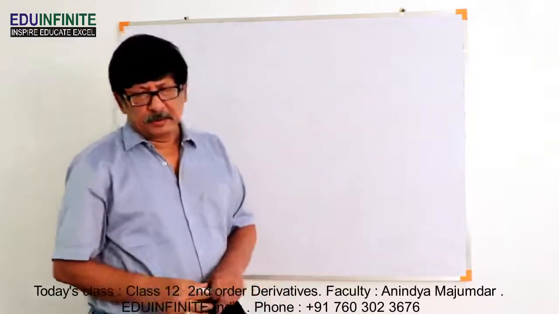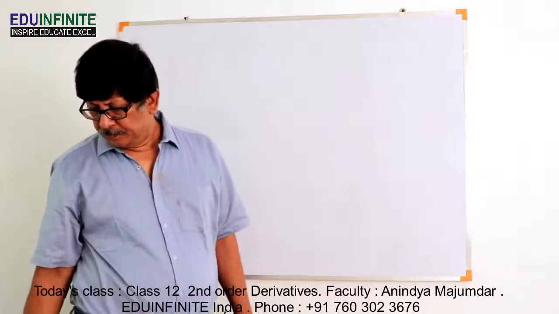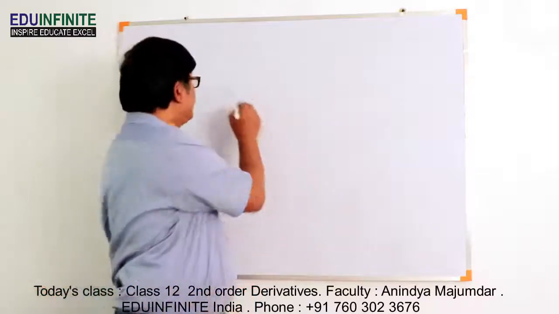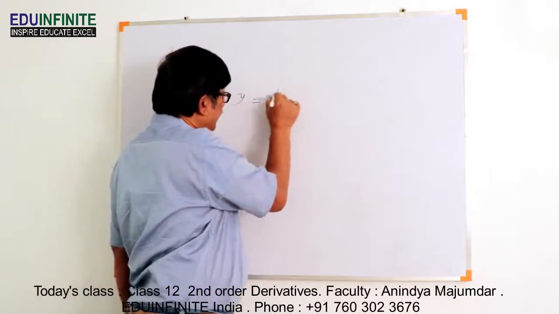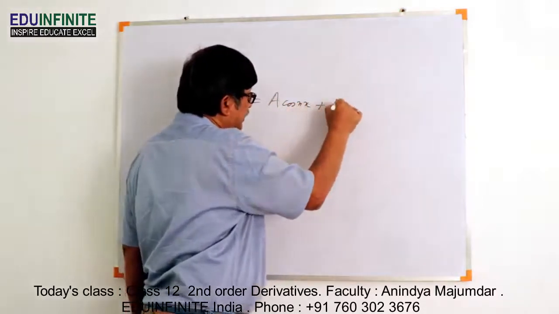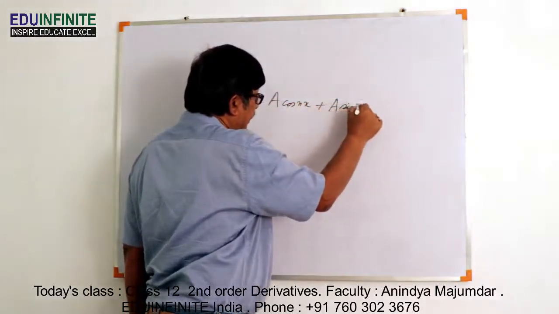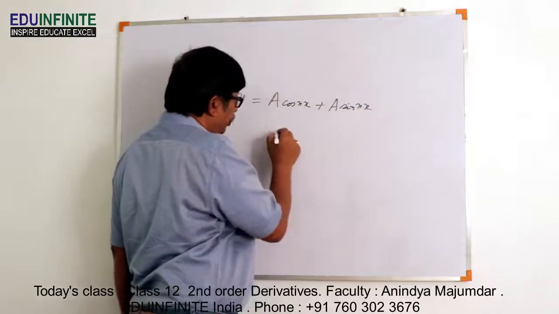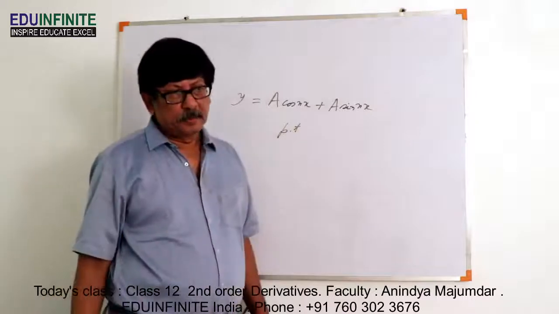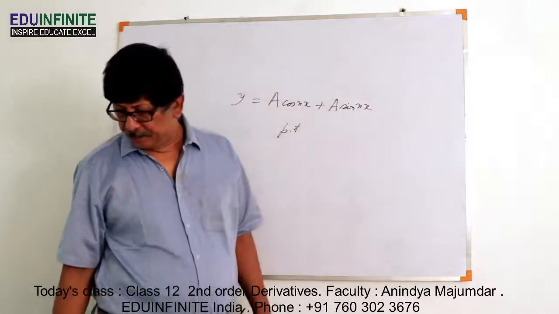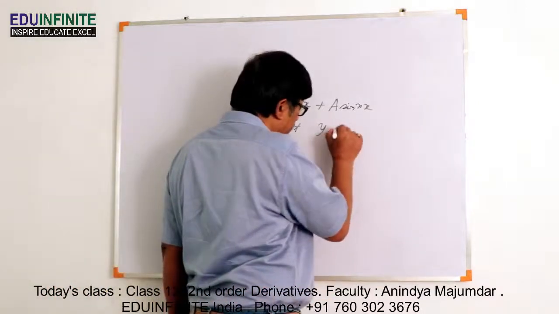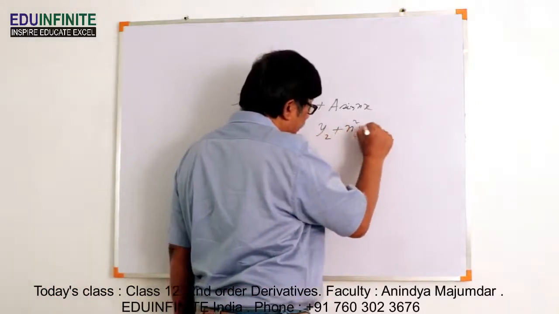Just write down: if y is equal to a cos nx plus b sin nx, prove that y2 plus n square y is equal to 0.